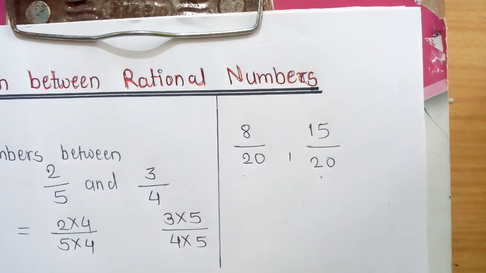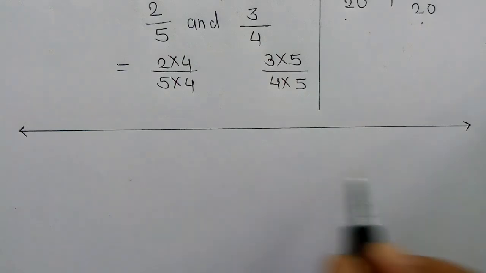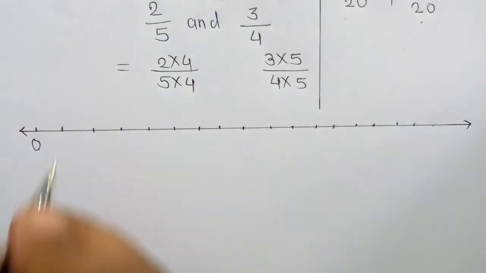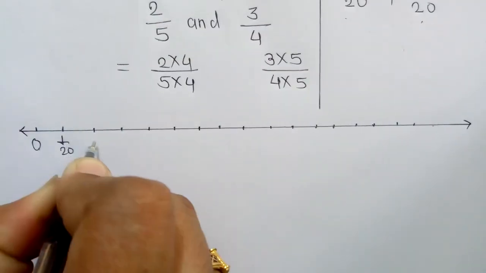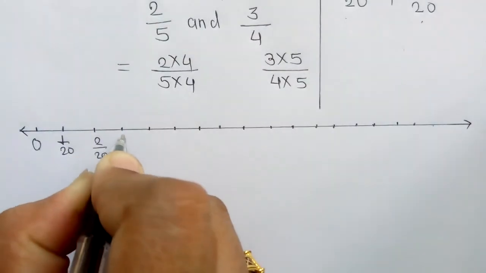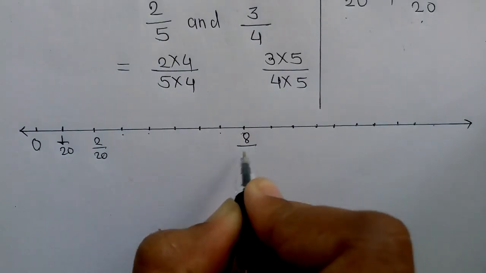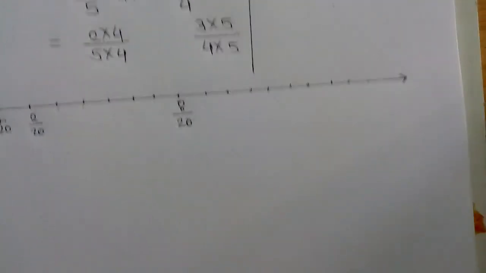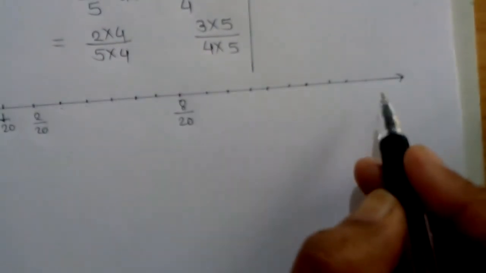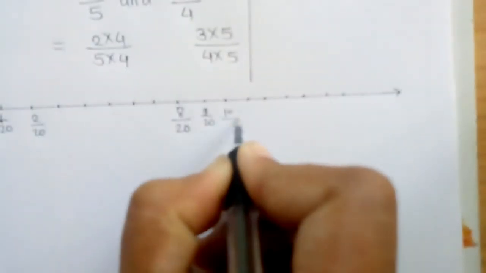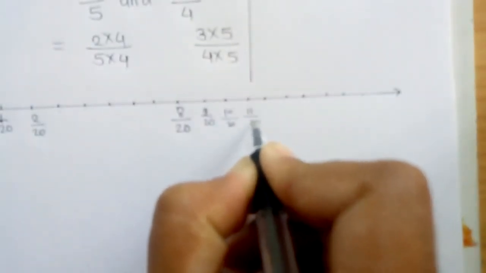Now we can show that on the number line. See, this is the number line I have drawn. If I take 0 here, then the next fractions will be 1/20, then 2/20, 3/20, 4/20, and here 8/20. This is our first fraction that we got. Now we can find fractions between 8/20 and 15/20: 9/20, 10/20, 11/20.